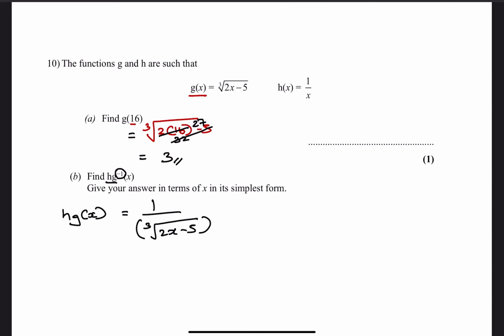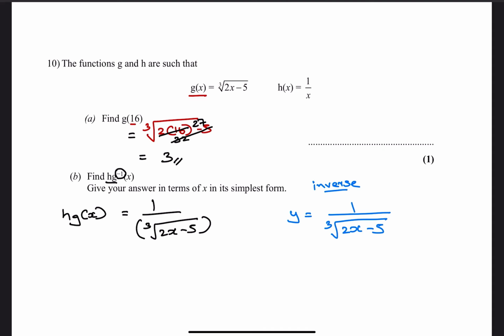Then we will say, okay, I got that. I want the inverse. How to do inverse? In order to do inverse, you write y equals, and then make x the subject. So y equals 1 over the cube root of 2x minus 5, because I want hg of x. Then I want to rearrange to make x the subject.